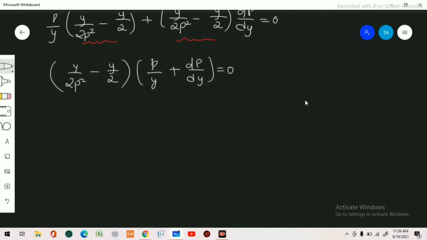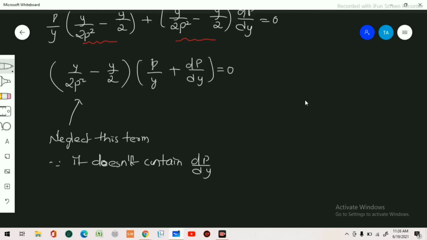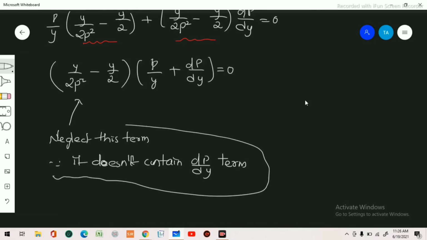Now you have to neglect this term, since it doesn't contain the dp by dy term. You have to neglect those terms which do not have the dp by dy term. Now we have to solve this.